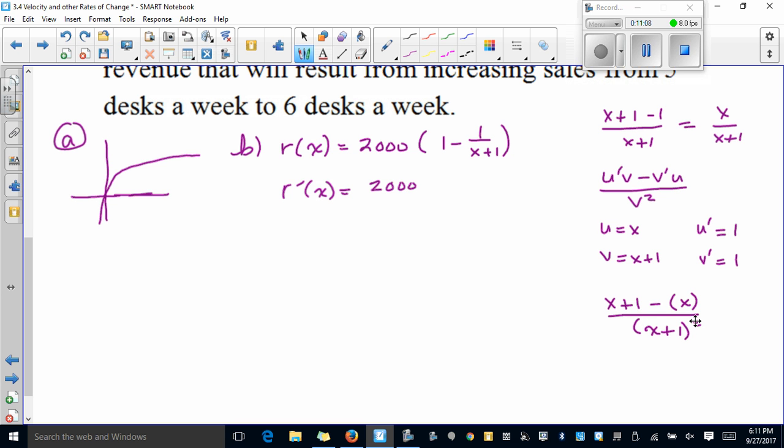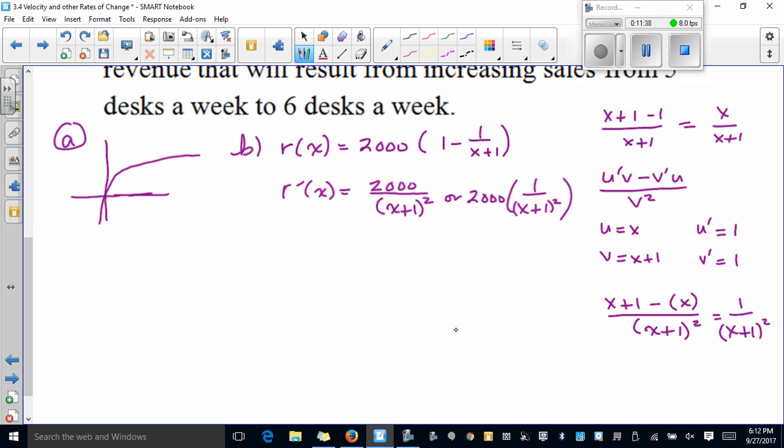So in the end, I just have 1 over x plus 1 squared. So I can rewrite this as 2,000 over x plus 1 squared.